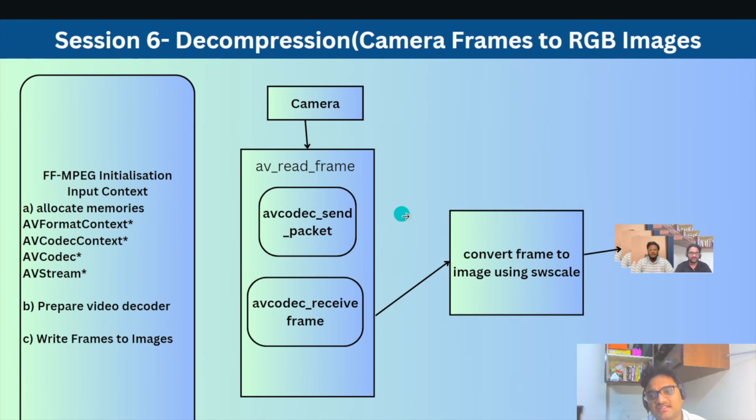Once the packet is sent, the compressed packet is decompressed using whatever codecs we provided in the code, and this decompressed frame is received by avcodec_receive_frame. Once we receive this frame, this is the raw data, and here again we use the convert frame mechanism with the SWScale library, using the SwsContext, like all the source code we have shared. So we are converting the frame to an RGB image here.